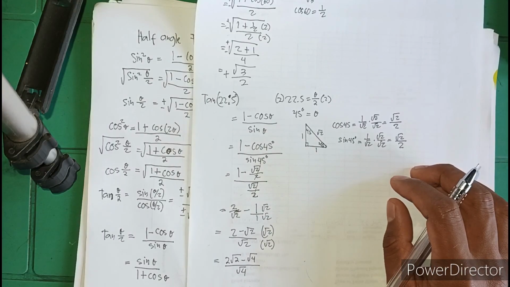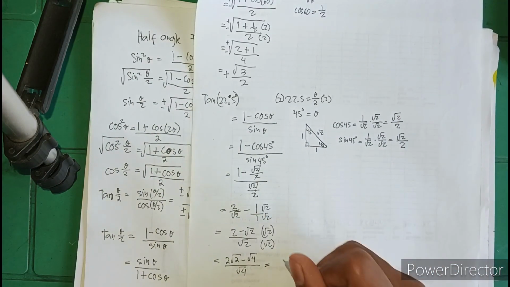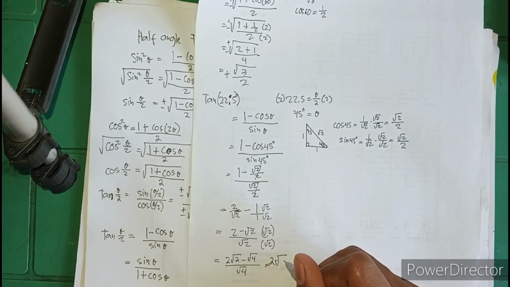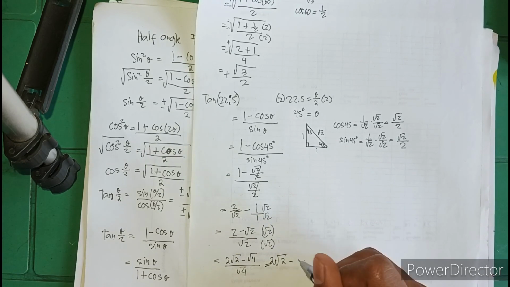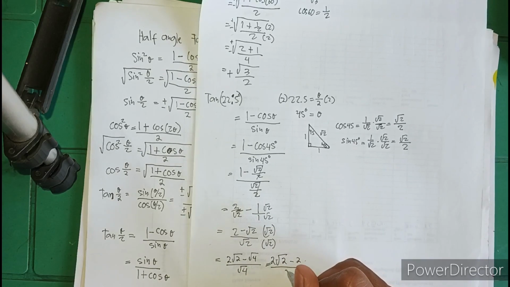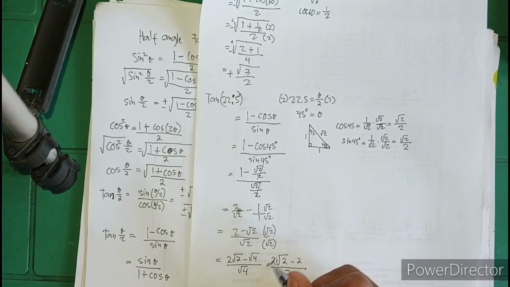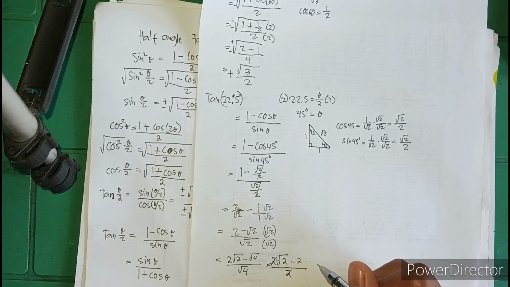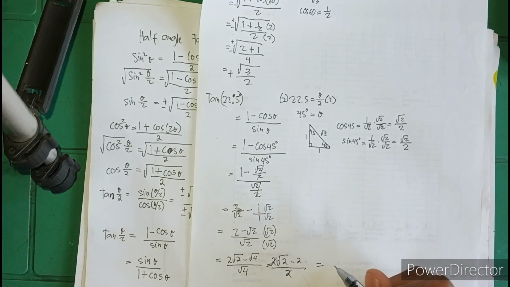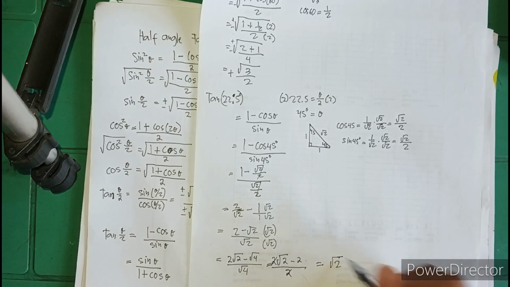So if we take the square root of 4, we will now get 2 square root of 2 minus 2 over the square root of 2. So notice that we can divide by 2 here, so simply our final answer is square root of 2 minus 2.